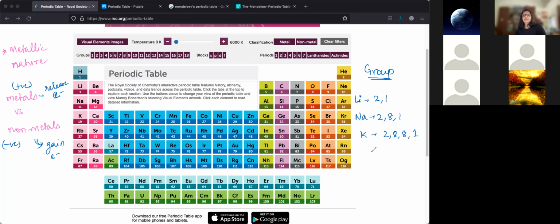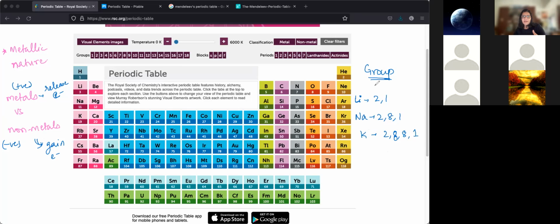So as you go from top to bottom, what is happening between lithium and sodium, and then sodium and potassium? What's the difference in each? What do you observe? One more shell is added.